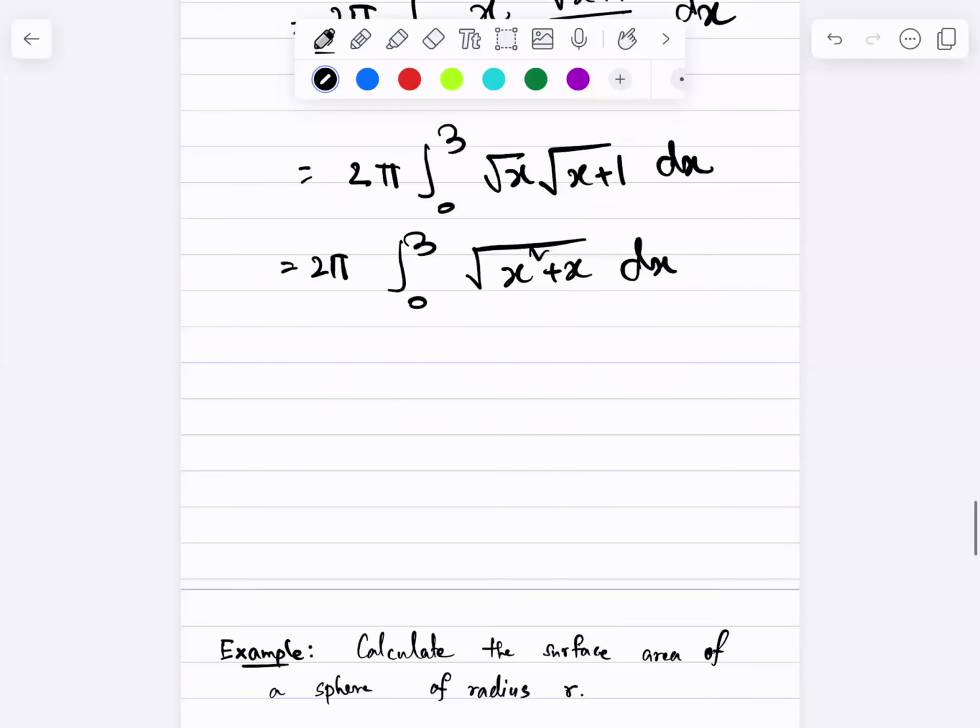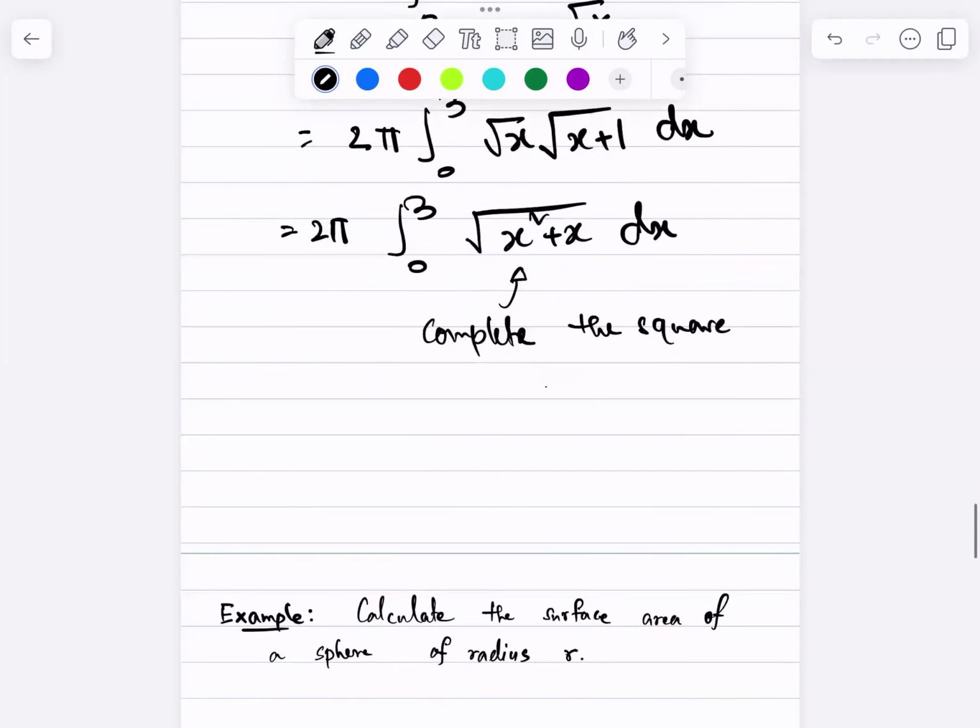Okay, so this is not too easy to handle, but what you can do is complete the square. Then you'll have x squared plus x is like (x plus half) squared minus half squared.